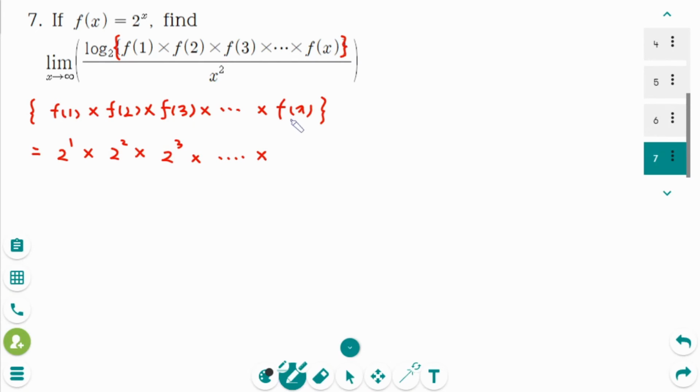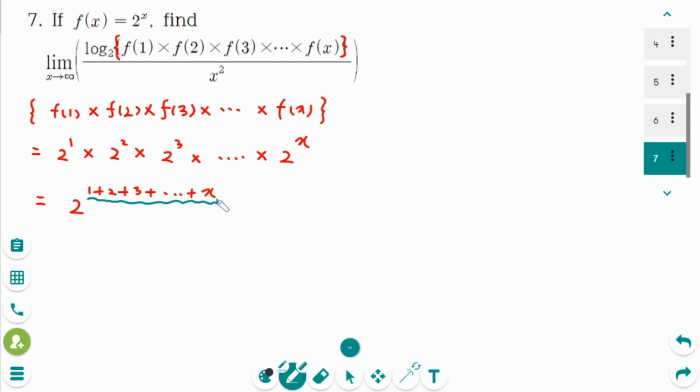So times until here, then fx is 2 to the power of x. This can be rewritten with the power rule into 1 plus 2 plus 3 plus go on until x.